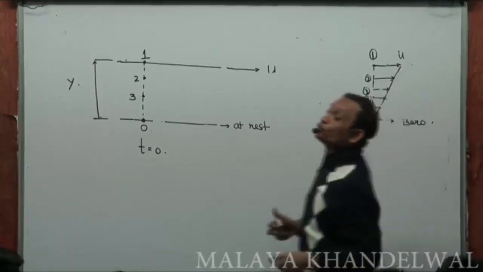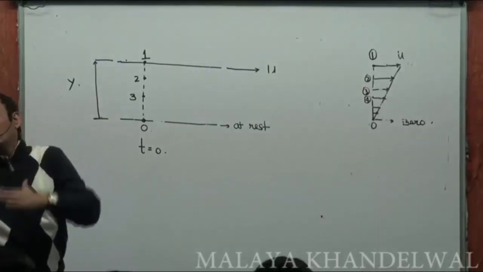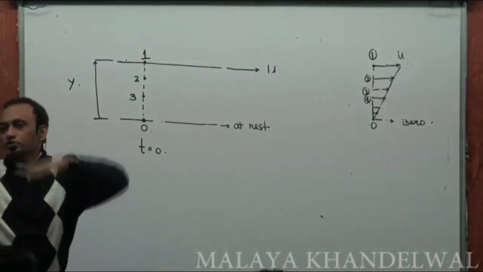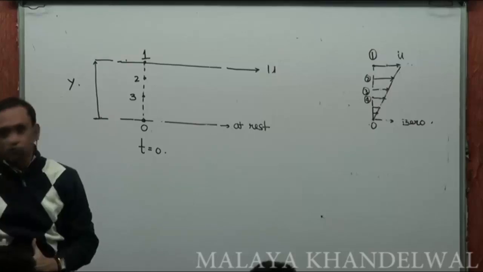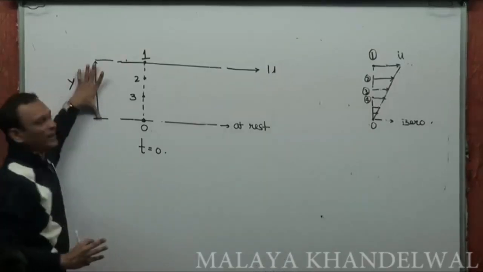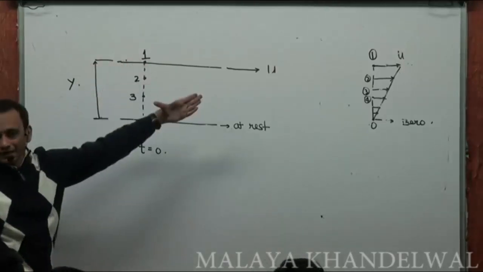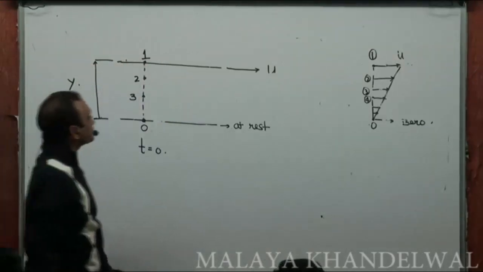That's when we say u varies linearly with distance. It's a linear variation of velocity from the topmost point to the bottommost point. It's an approximation which is good if y is small. But this may not always happen. So this is one possible velocity profile.